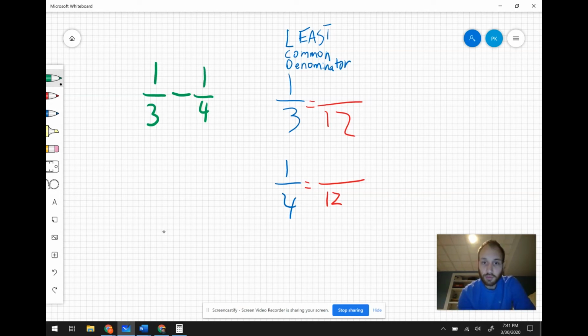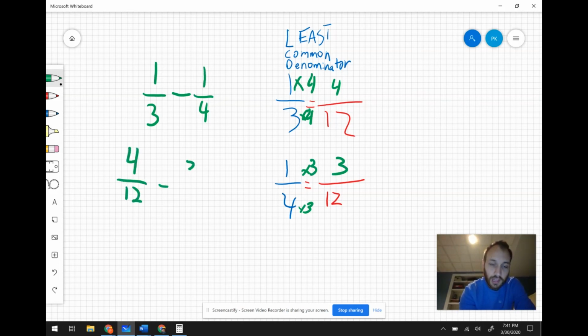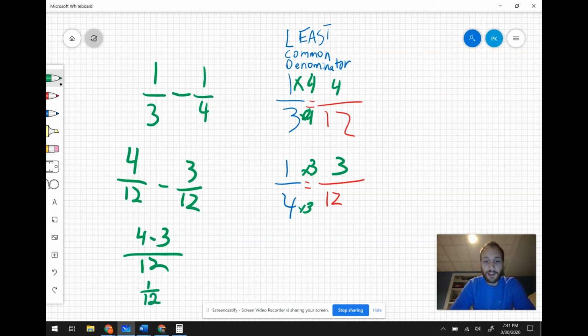So I'm going to do 3 times 4 to get 12, and 4 times 3 to get 12. So now my new subtraction problem is 4/12 minus 3/12, which is 4 minus 3 over 12, 1/12. That is my final answer, 1/12.